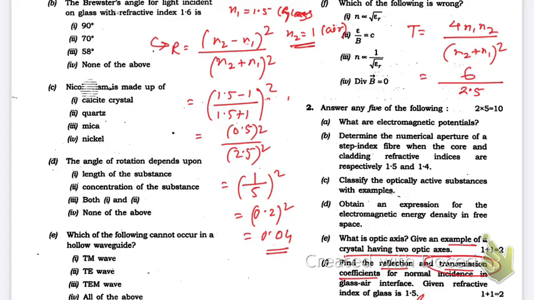If you remove the decimal, you get 60 by 25. 5 fives are 25, 5 twelves are 60, and if you divide 12 by 5, that's going to be 2.4. This is the answer to question number 2F, right?